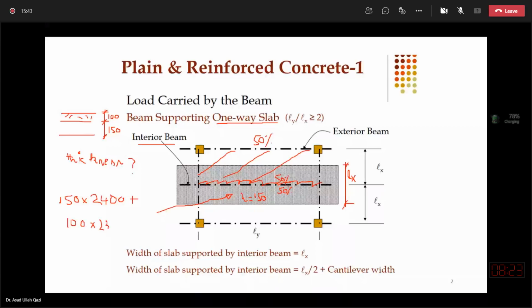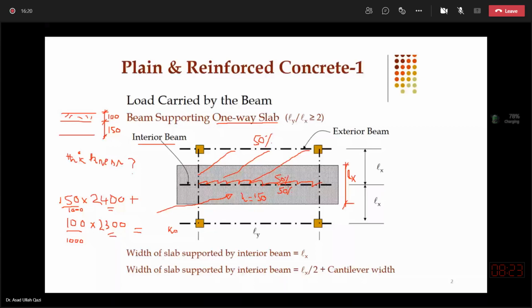Since these densities are in terms of kg per meter cube, I will divide the thickness by 1000 to convert it into meters, and the finish thickness also by 1000 to convert it into meters. Then resultantly I will get thickness times density, the answer in kg per meter square.